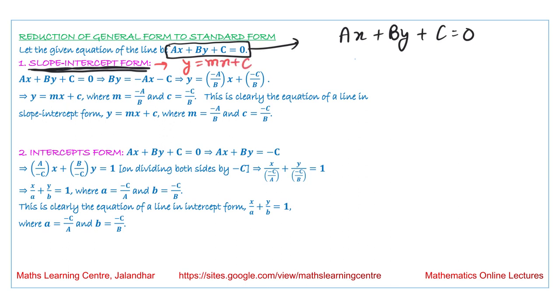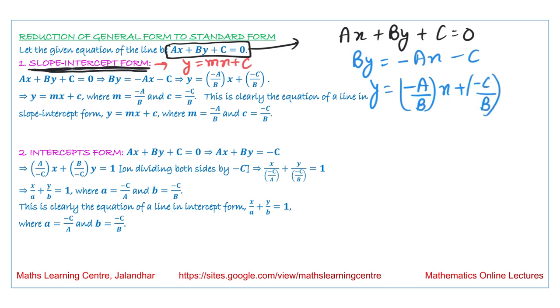So we calculate the value of y from this equation: by is equal to minus ax minus c, so y is equal to minus a by b times x plus minus c by b.